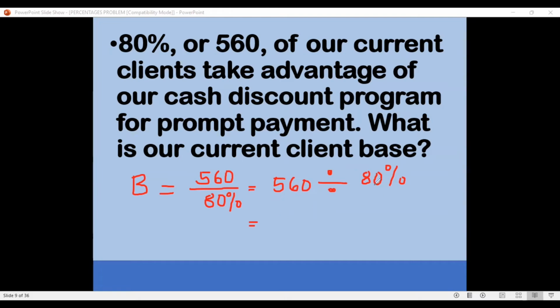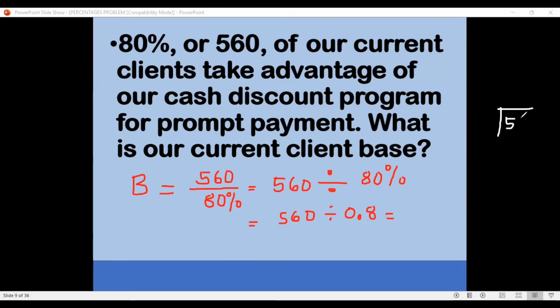So if you want to change that into decimal, it's also okay. Like if you have 560, you can just divide that by what is 80% in decimal. It is equivalent to 0.8.